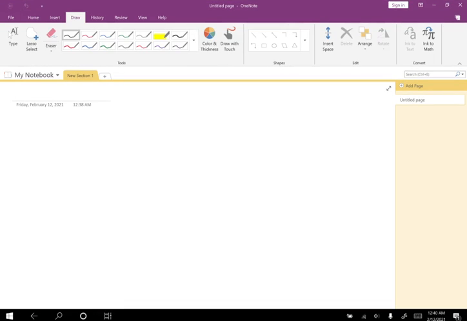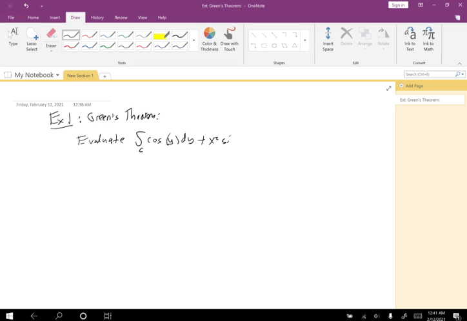Okay, let's talk about the first type of problem for Green's theorem. The problem will be to evaluate a line integral over the curve C of cosine y dx plus x squared sine of y dy.